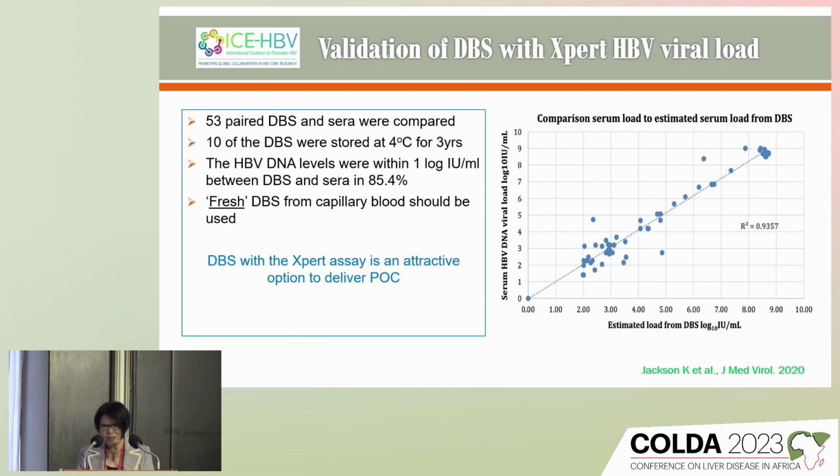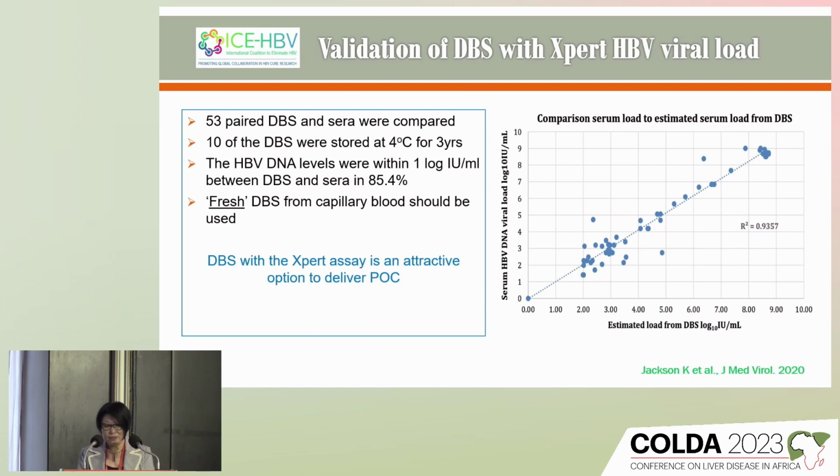In the same paper, Cathy Jackson and co-workers found excellent correlation between the dried blood spot specimen and the corresponding sera in 53 paired samples, with a correlation coefficient of 0.9.